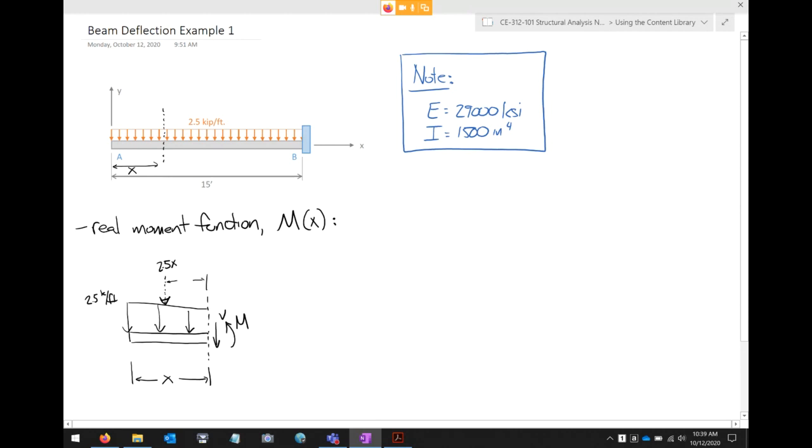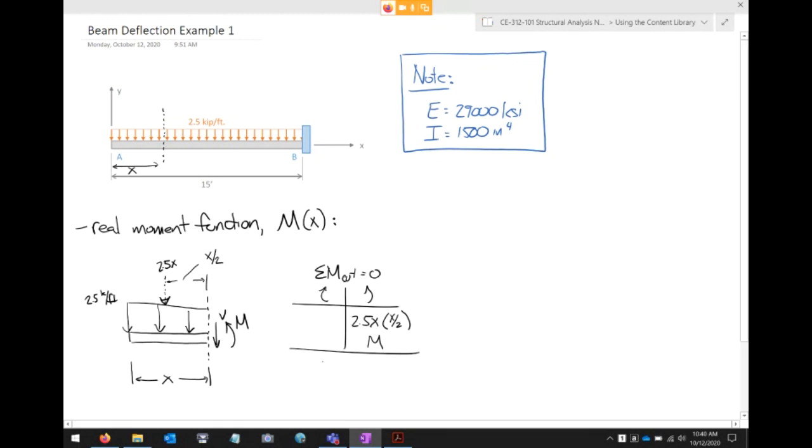And then in this direction, let's see if everybody's paying attention this Monday morning. What's that moment arm? x over 2. There we go. And so if I sum moments at the cut, I've got 2.5x times x over 2, and then M, both contributing moment in the same direction.